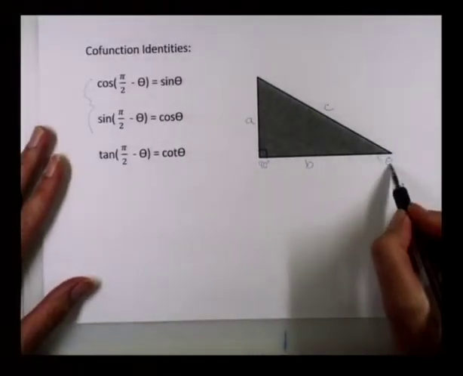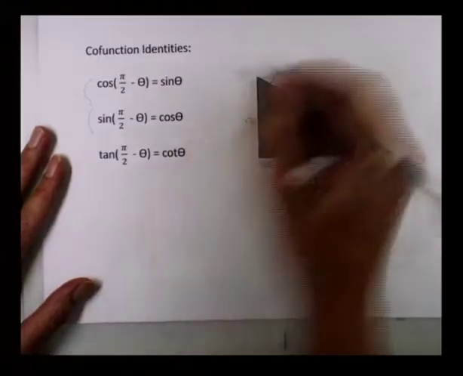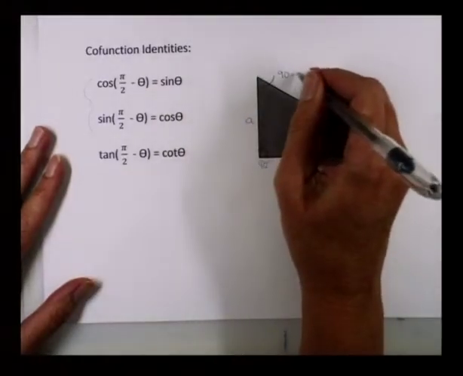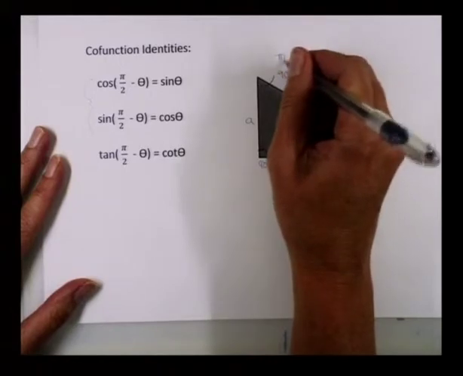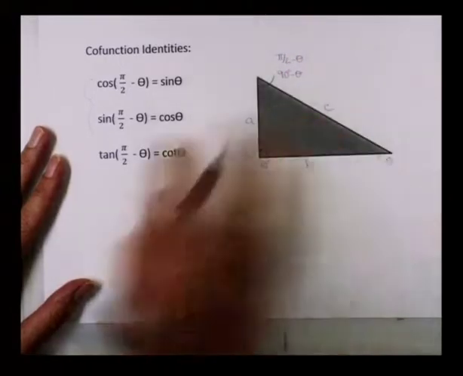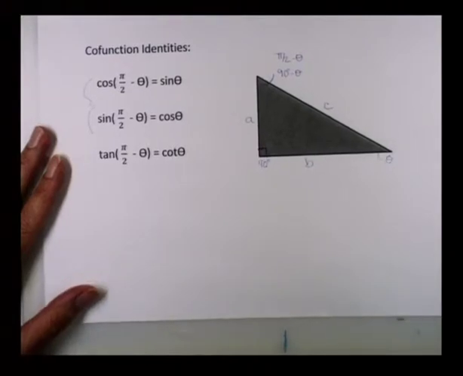I'm just referring to this angle as theta. This angle up here will have to be 90 degrees minus theta, or in radian mode I can think of it as pi over 2 minus theta, since these formulas are written in radians rather than degrees.